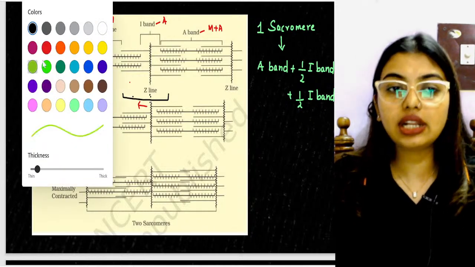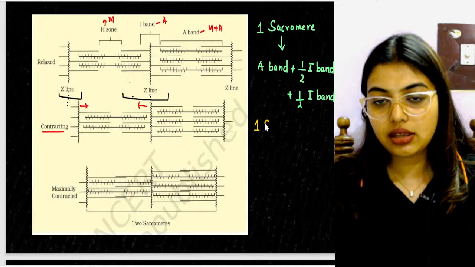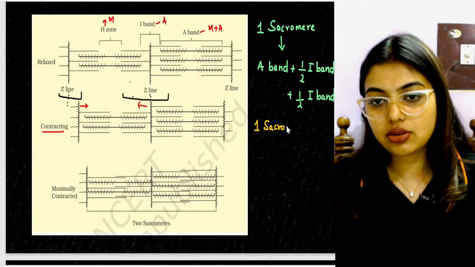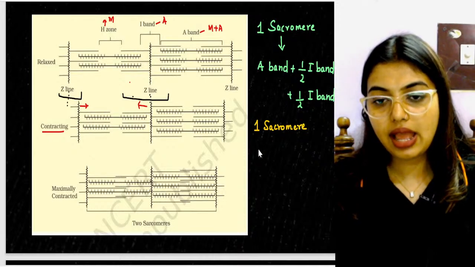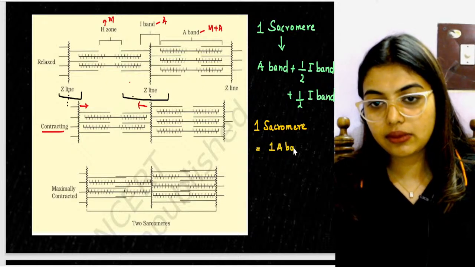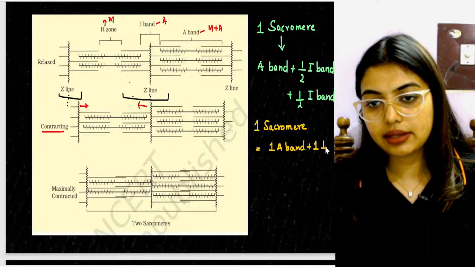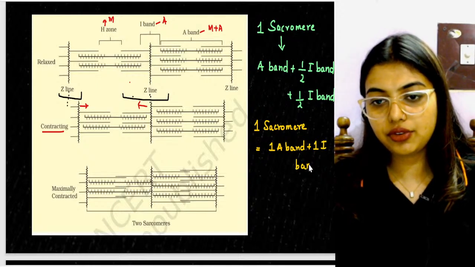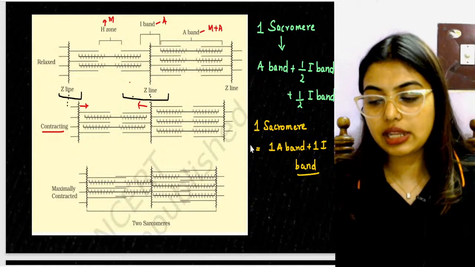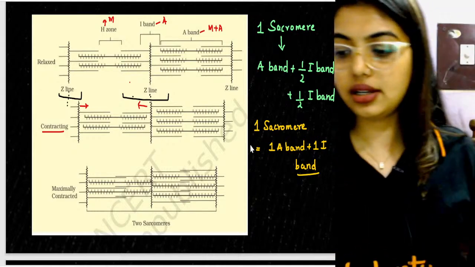So a normal sarcomere, one sarcomere, will have one A band plus one I band. Clear, all of you? Yes or no? One A band plus one I band. Done. Clear?